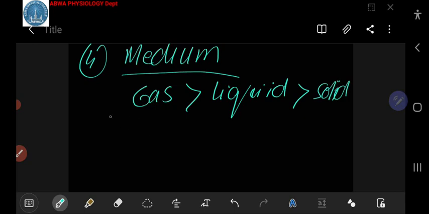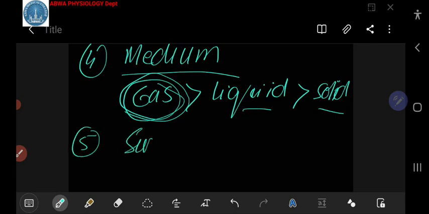So the rate of diffusion is highest in gas, and then liquid, and then solid. And the number fifth one is surface area.